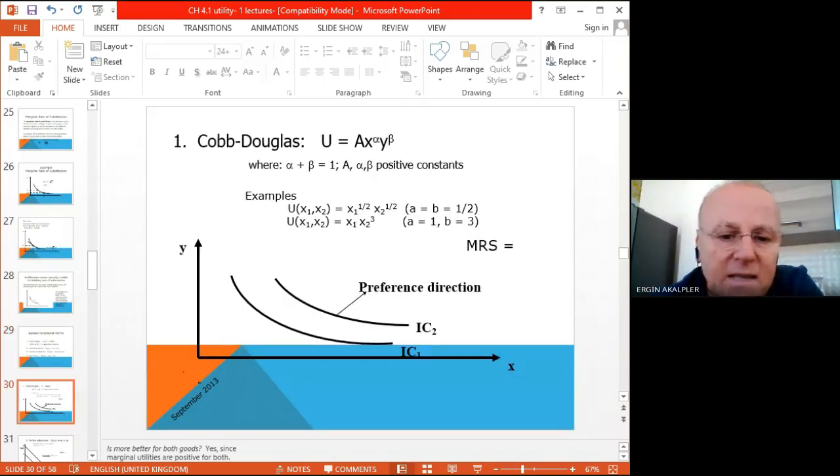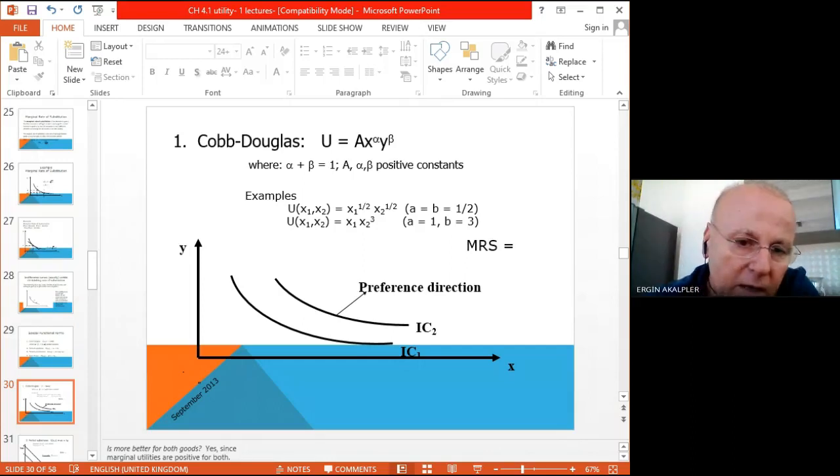The Cobb-Douglas is given again, where alpha and beta are constants and sum to 1. Then u(x1, x2) is equal to x1 to the power of 1 over 2 times x2 to the power of 1 over 2, where a and b are 1 over 2.